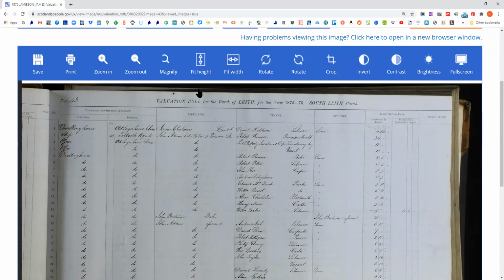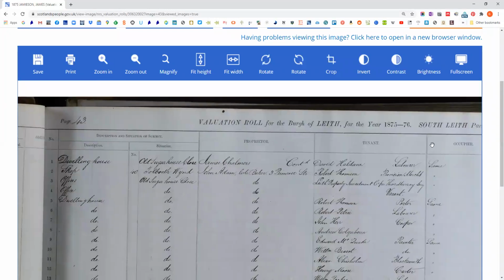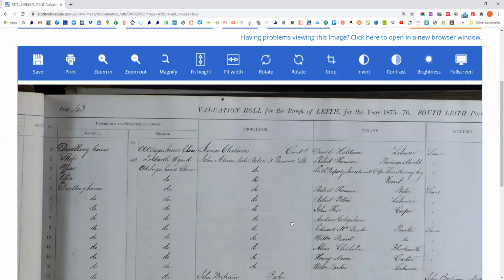So this is aiming to catch people halfway between the censuses. So it's a substitute in the sense that since they didn't do the census every 5 years, this gives you the chance to maybe catch somebody in between.